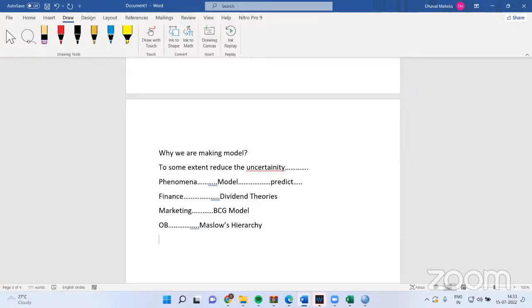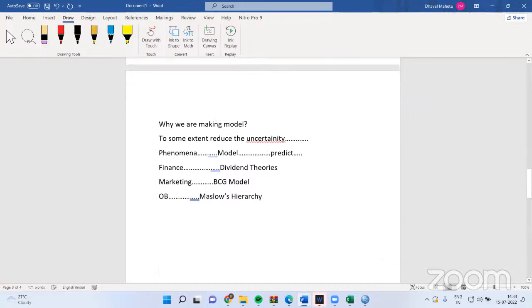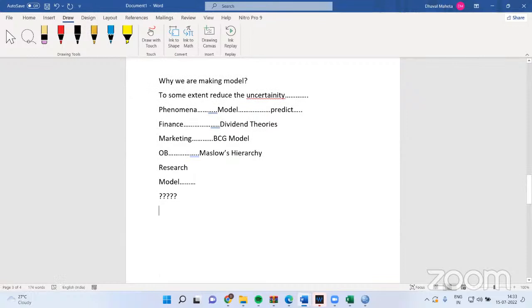Now, in real life, you are doing any research and you are making a model. Now, my question is, can you tell me any such model in recent years which was successful and was considered to be the landmark in reducing the poverty in rural areas?